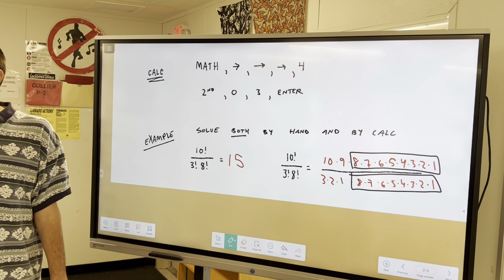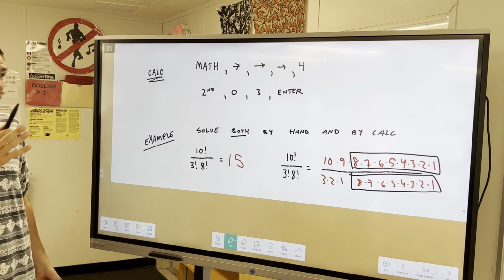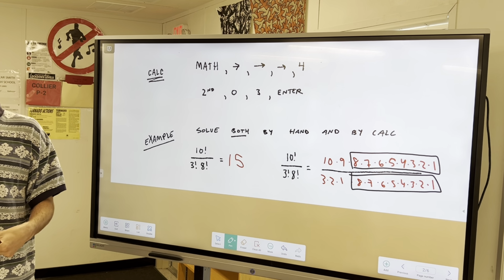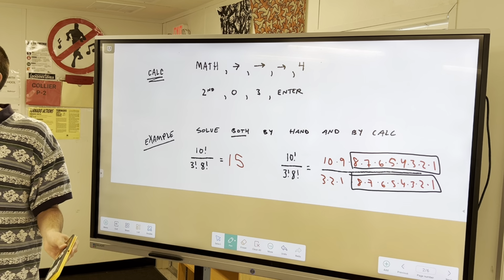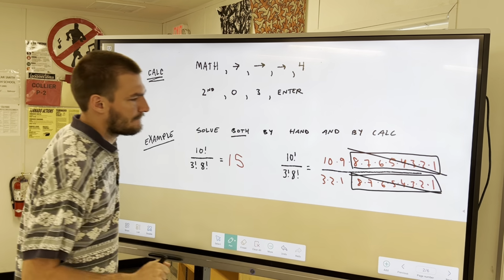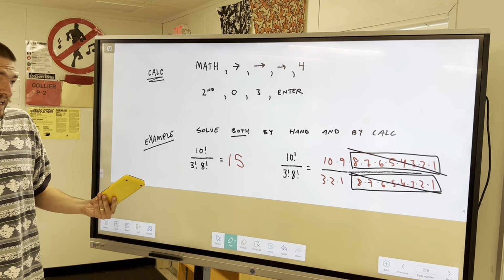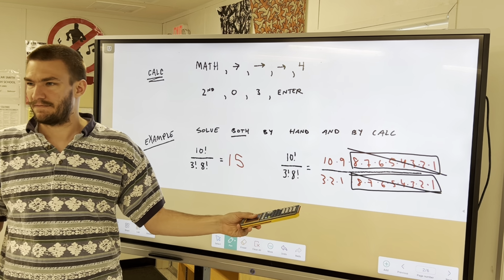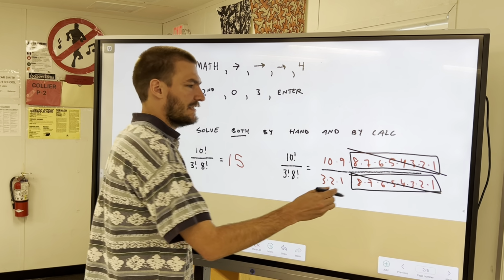All of those numbers, which total something like 10,000 or 40,000, are just going to cancel out and go away. And so what we really have is 90 divided by 6, which is how we get 15.